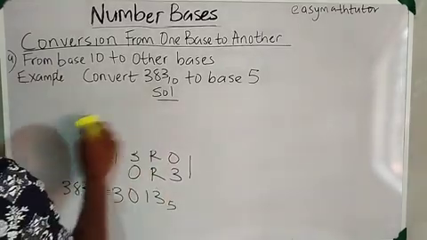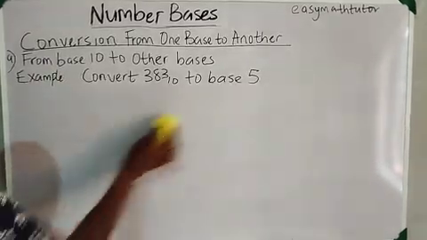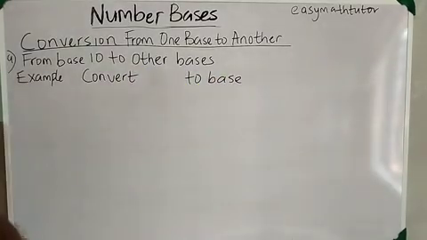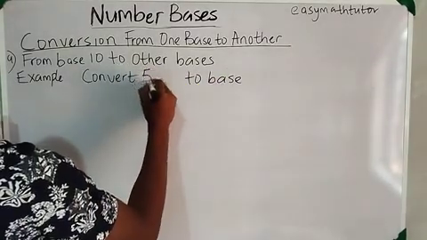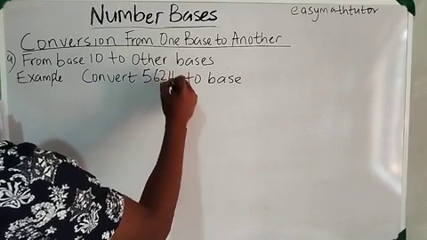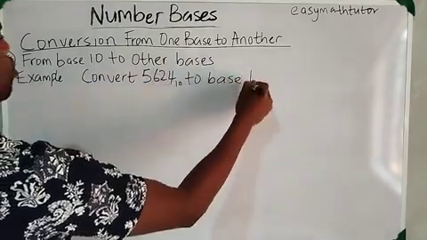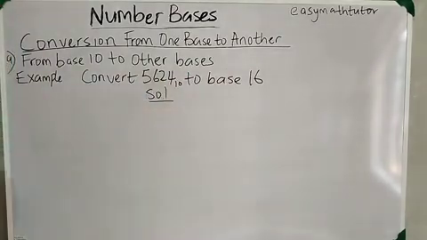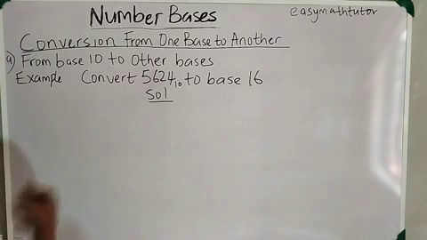We take another example. Now we have the number 5624 in base 10. We are told to convert it to base 16. How do we go about it? Again, we divide and take note of the remainders.